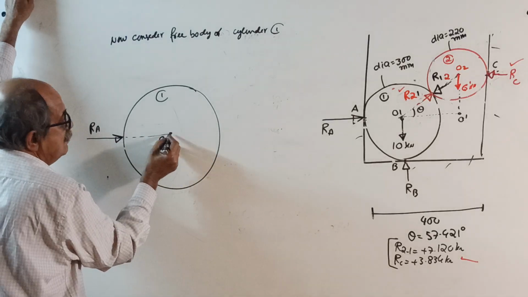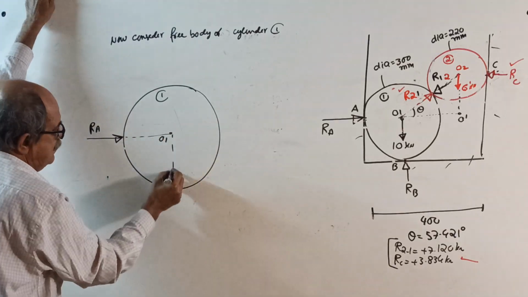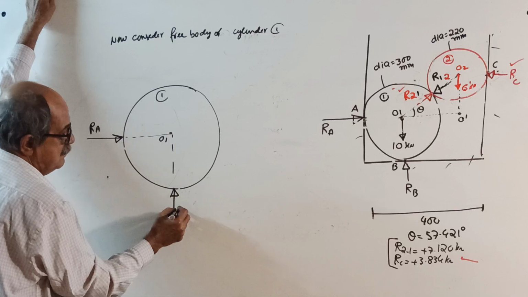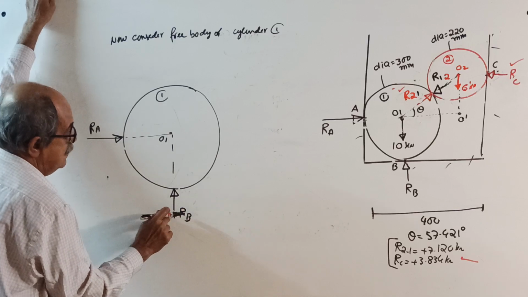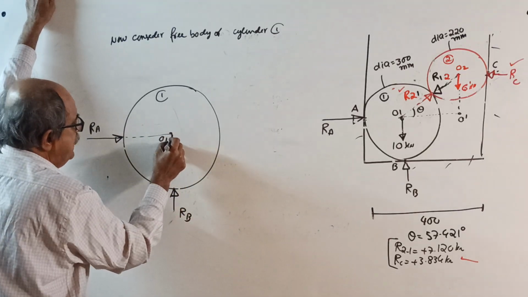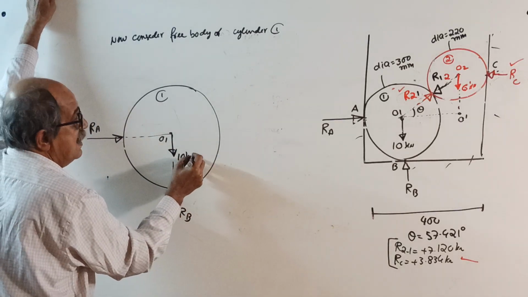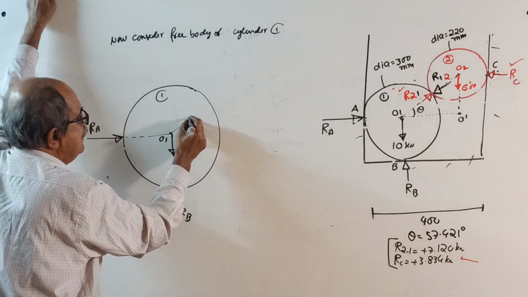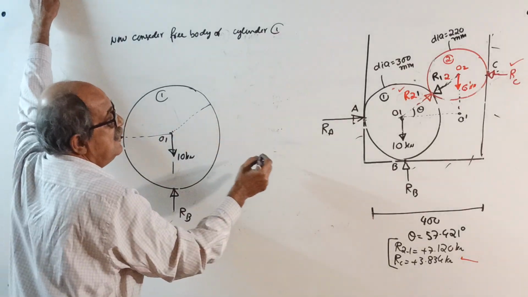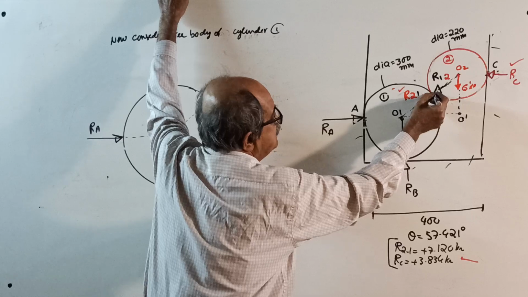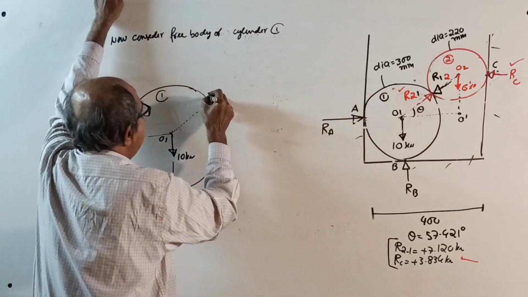There is one reaction here, RB. Then one weight acting down here, 10 kilonewton. And at the inclined line here, O1 to this point D, I forgot, this is D.